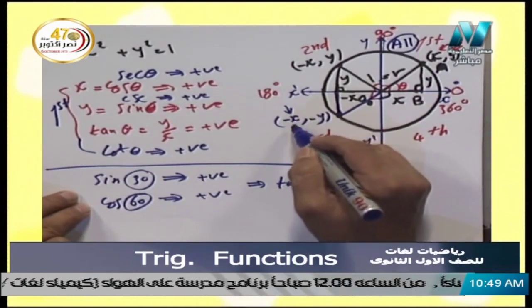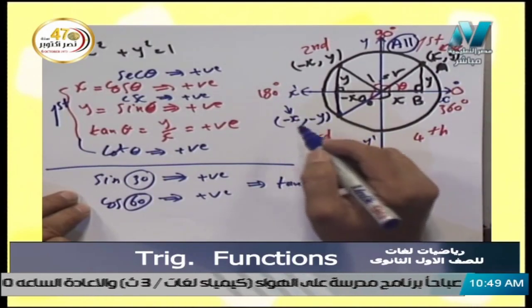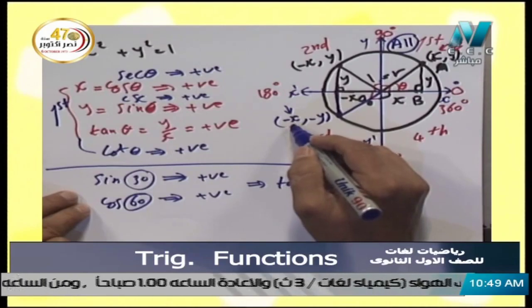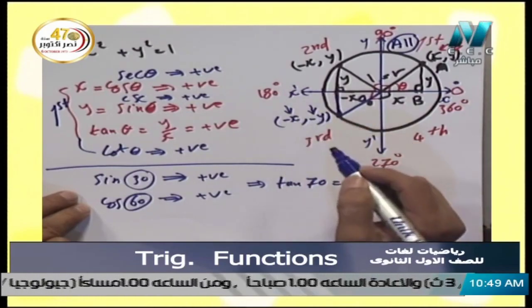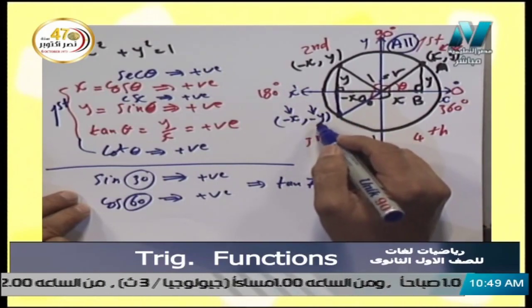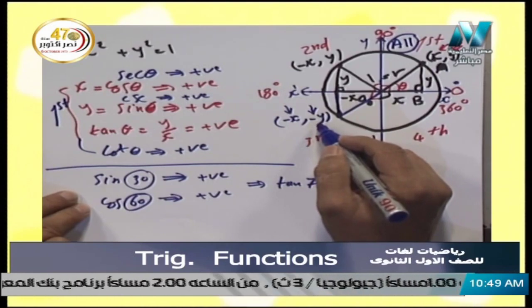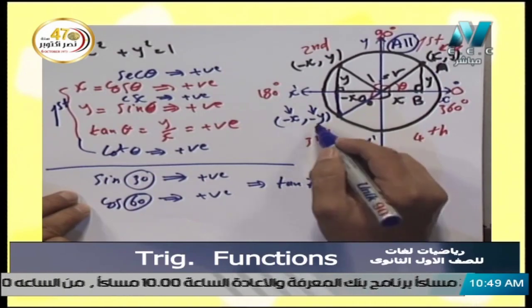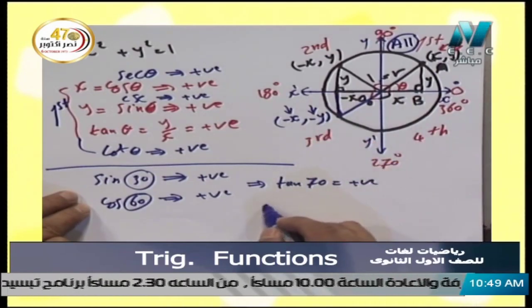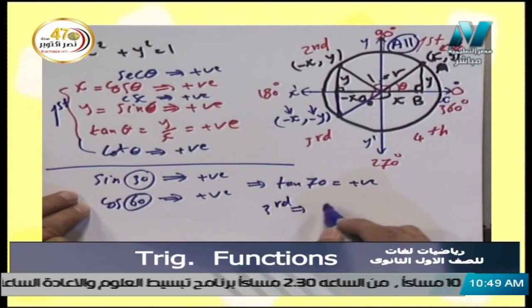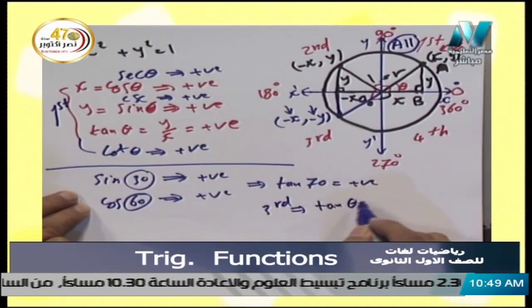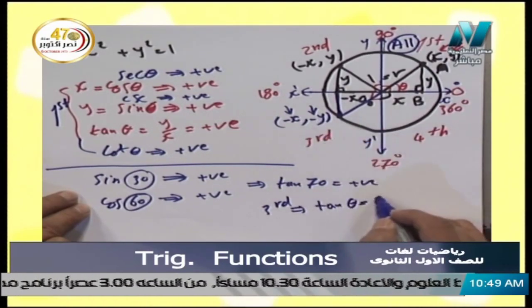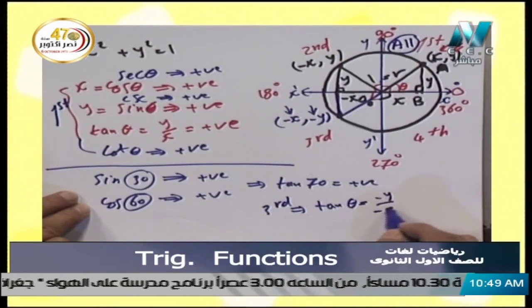And of course its reciprocal, sec, is negative too. Here sine theta is negative, and its reciprocal, cosec theta, is negative. But in the third quadrant, tan theta will be negative y over negative x.